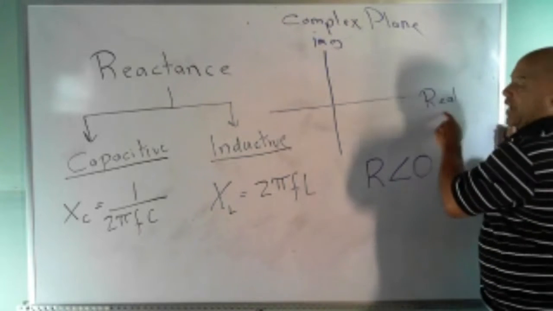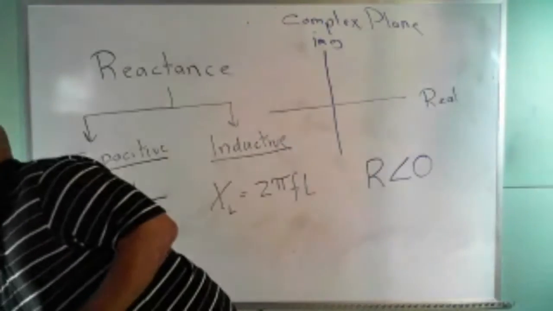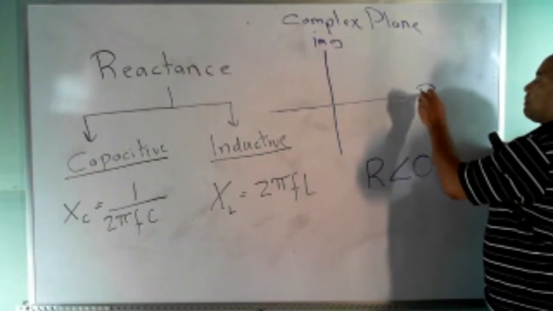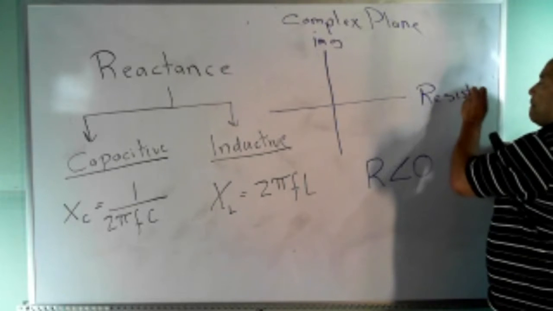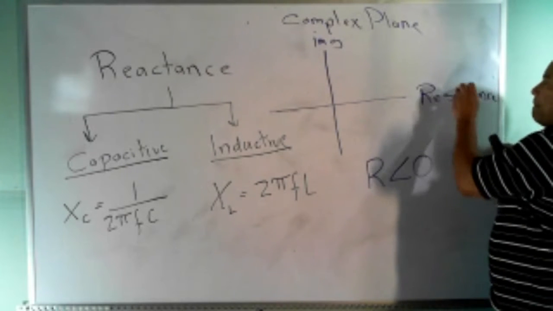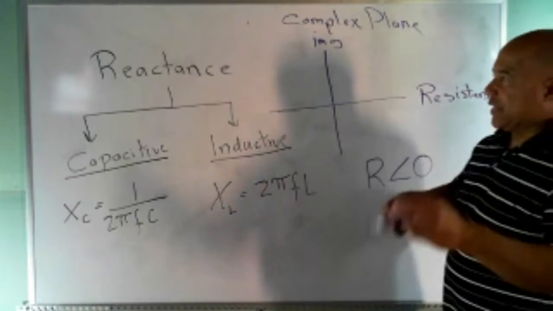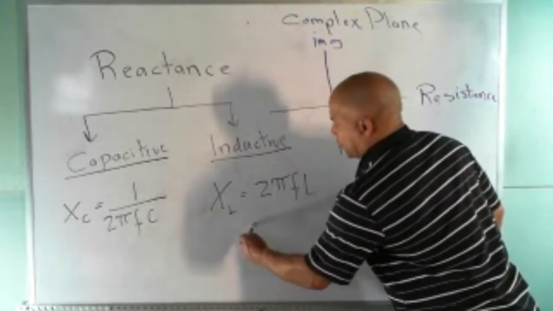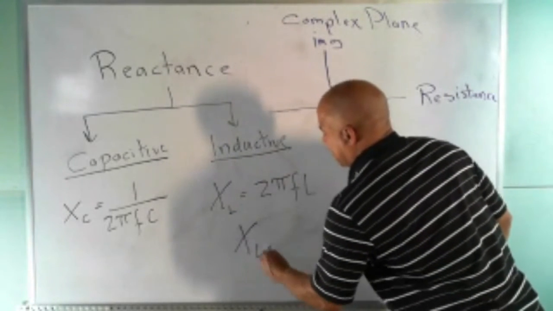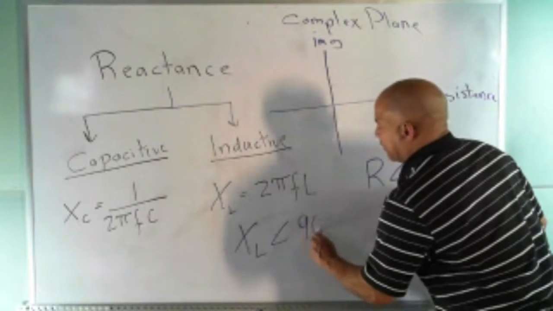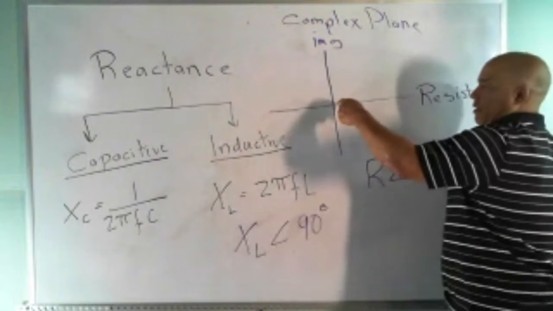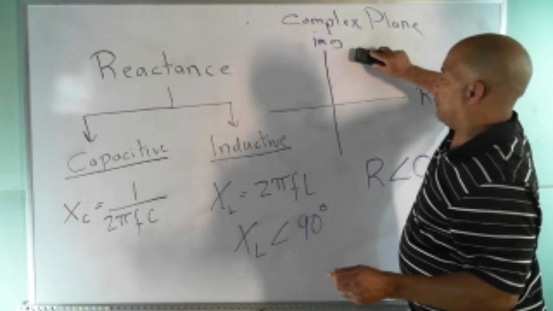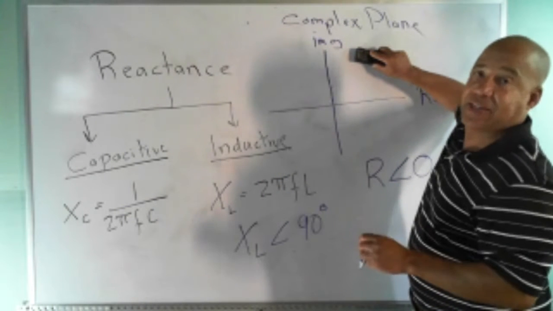So I want to change this from the real axis to the resistance axis. And so I did that. I called this resistance. And then I did some math and I showed you that XL actually has a phase associated with it of 90 degrees. And so any number from the portion up this way actually represents inductive reactance, which means it's an imaginary number.